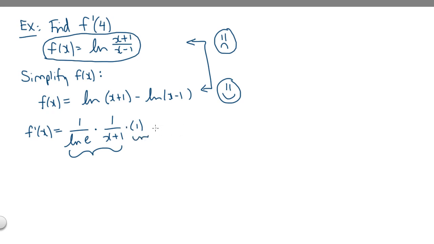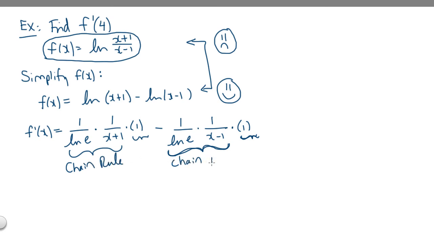And then we're going to subtract off 1 over ln of our base, so 1 over ln e, times 1 over our inside function, times the derivative of our inside function. So again, another chain rule here. We got the derivative of the outside function, keeping the inside function the same, times the derivative of the inside function. So I'm just going to write chain rule under both of those expressions.